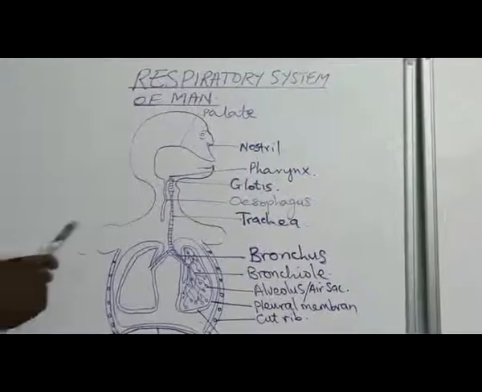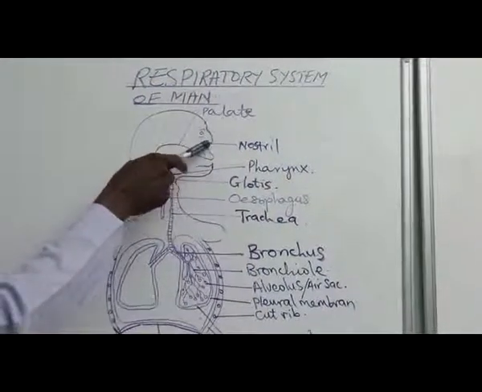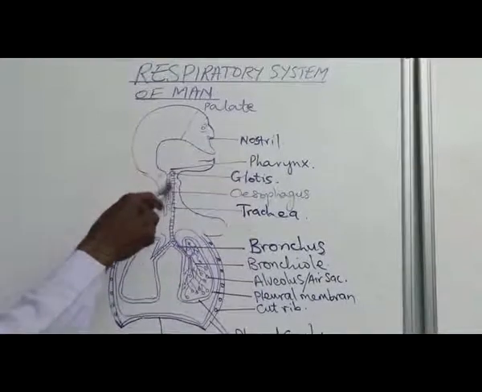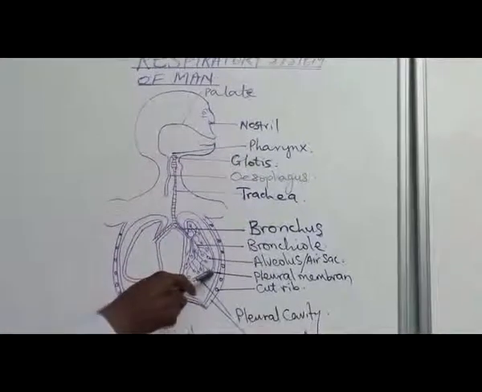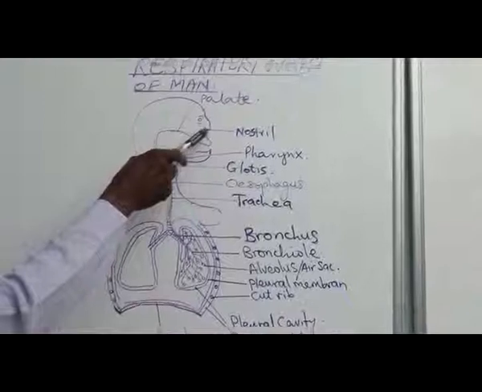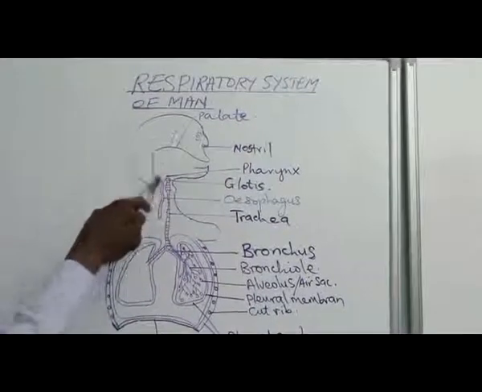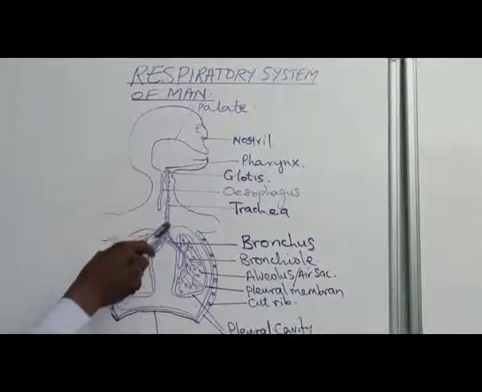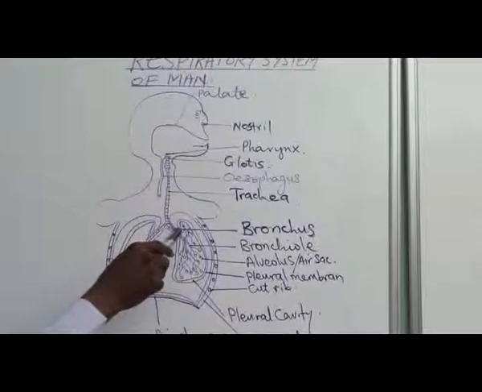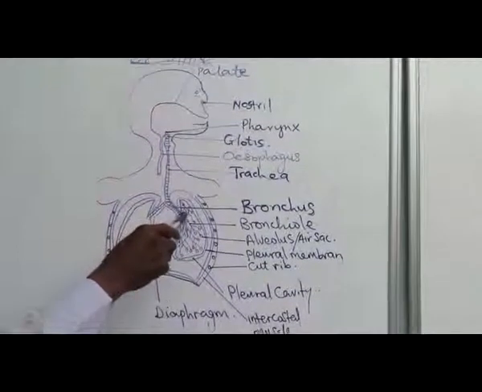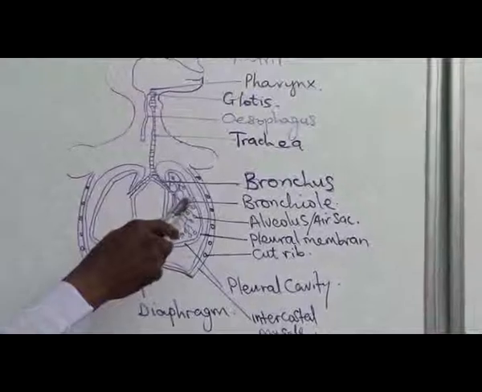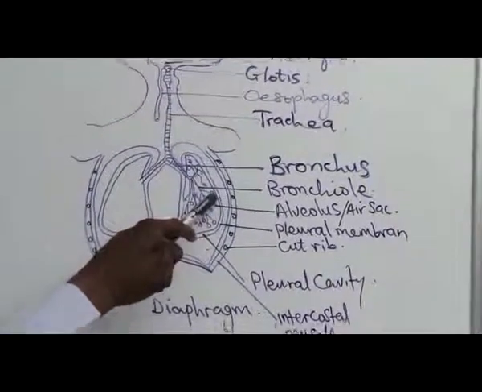This question expects us to trace the path through which the air flows into the alveoli. Now, it's from nostril to pharynx, pharynx to trachea, trachea to bronchus, bronchus to bronchiole, bronchioles to alveolus.